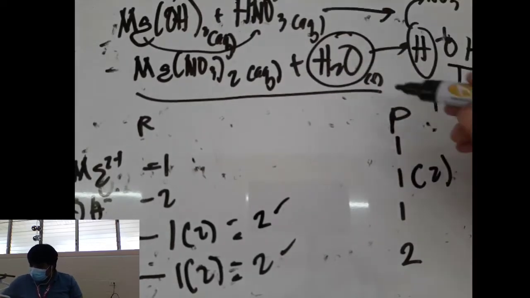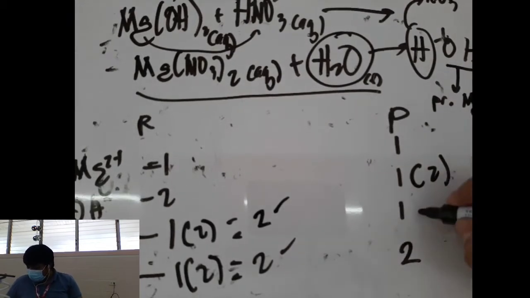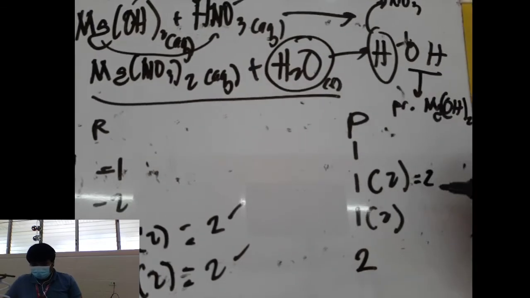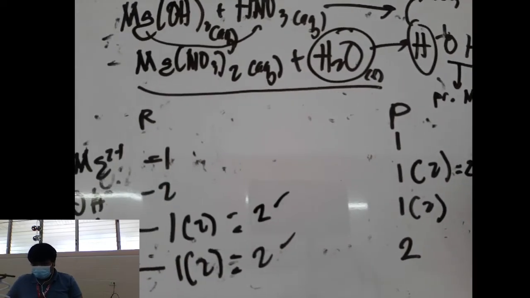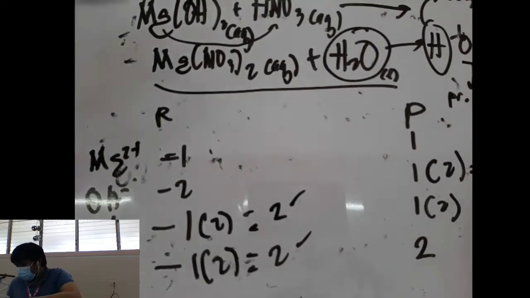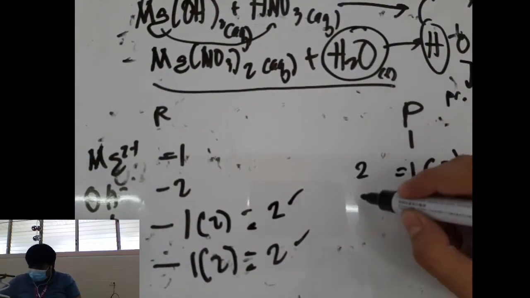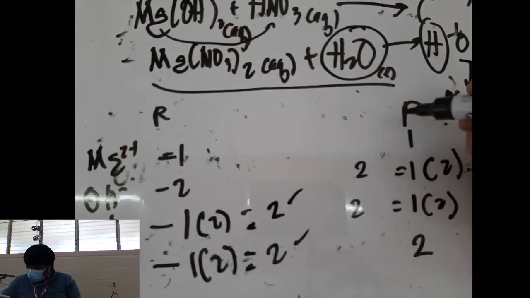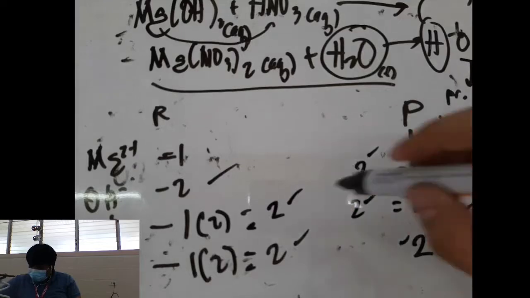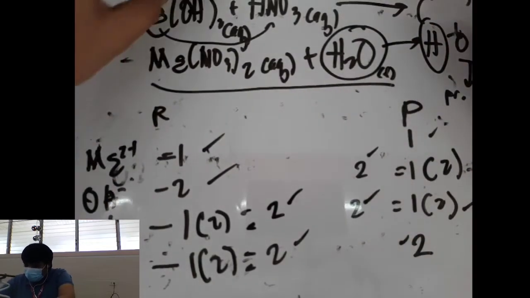At the same time, your H plus, since on the product side your OH is attached to the H plus, will also be multiplied by 2. So that will be equal to 2, and this will also be equal to 2. So now they are balanced. Balanced, balanced, balanced. Therefore, our balanced reaction will be this.